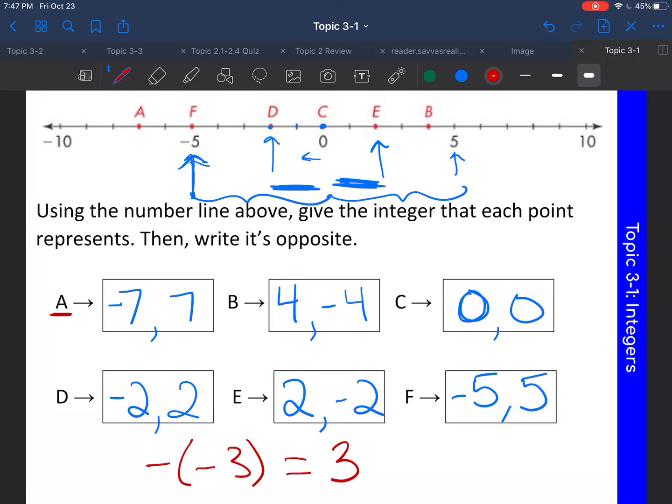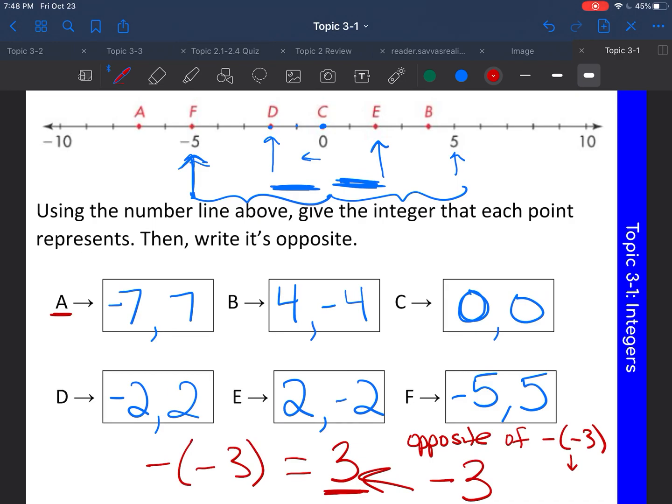So my question is for you, what is the opposite of -(-3)? Well, in order to find that out, you have to figure out what -(-3) is, which is 3, and then find the opposite of that, which is -3.